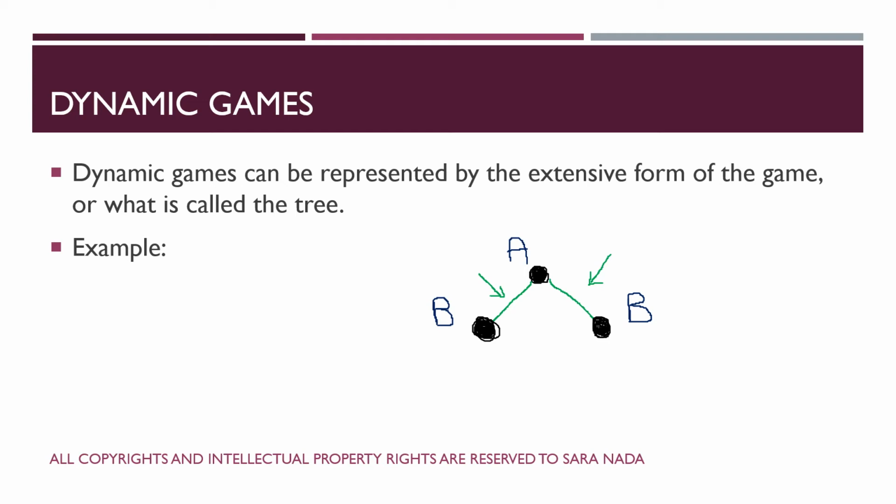Because of our simplifying assumption, I assumed that each player in this example has two actions to choose from. So in this case, I should draw two lines going out from each black node. Why? Because there are two actions that are available for player B. Okay?